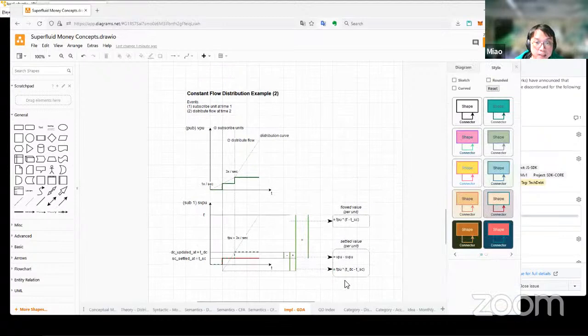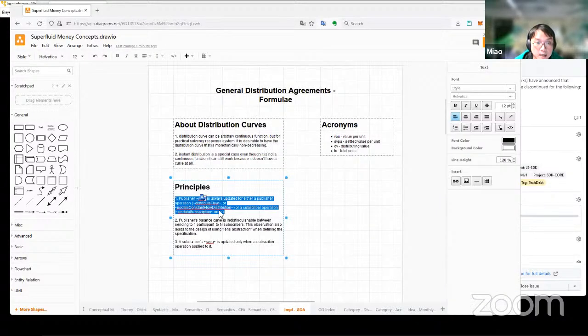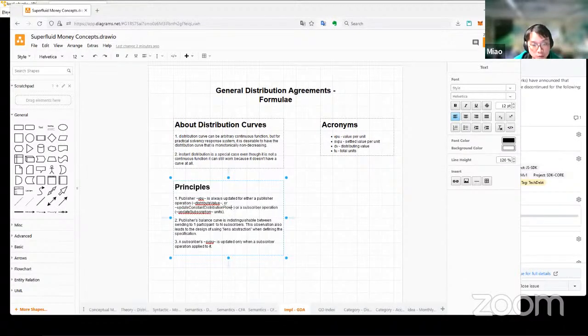I don't know if I can go to the details too much, but that's a general idea. So the principle, let me go through again. The publisher's VPU is always updated for either a publish operation, including distribute flow, distribute value, or update constant distribution flow. So it rhymes with update flow, right? Update flow is about one-to-one flow.